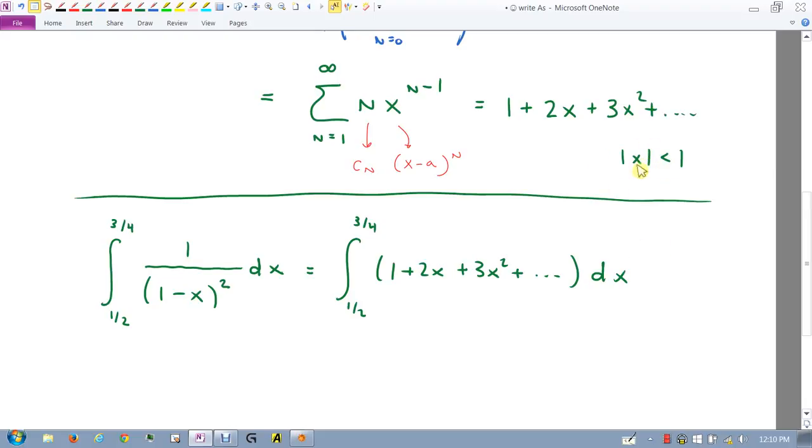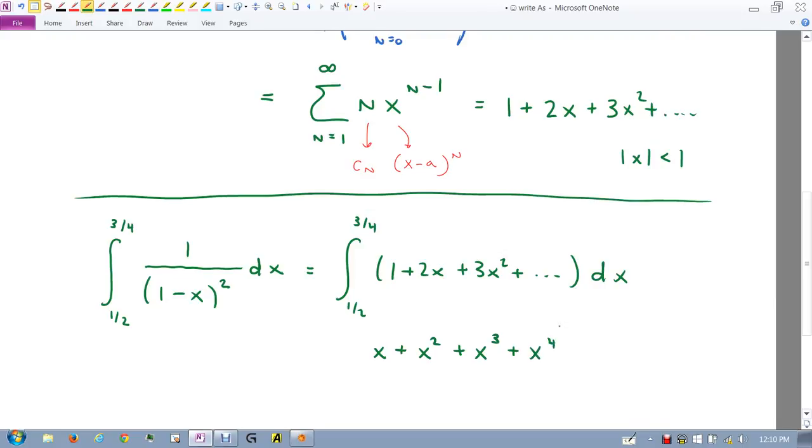Between -1 and 1, which in this case, I'm integrating over that interval. And now just do the antiderivative of each one of these. So x plus what? Squared plus x cubed. Boy, these are working out great, aren't they?